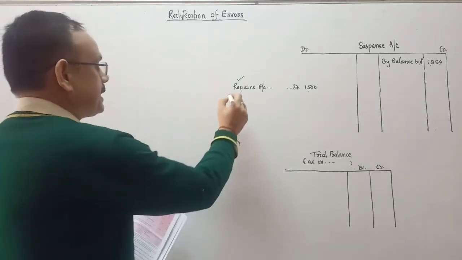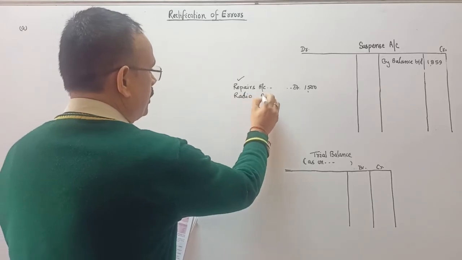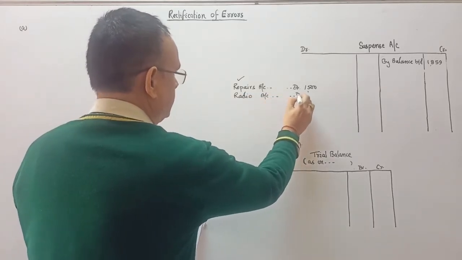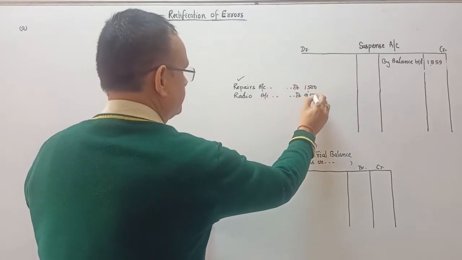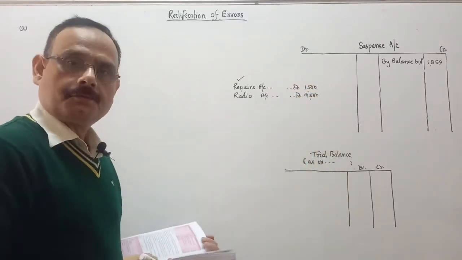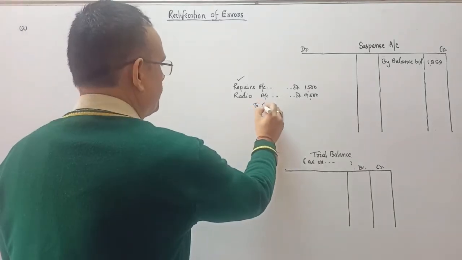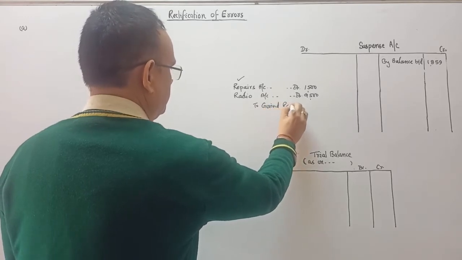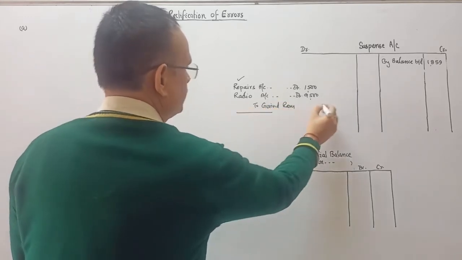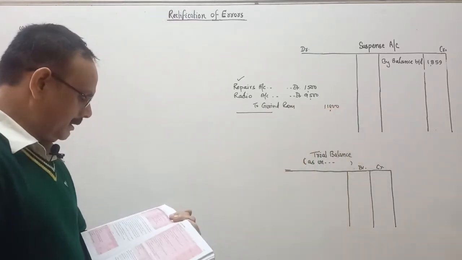It means we have purchased the radio. Radio account debit 9500, and this is from Govind Ram, so credit is 11,000.